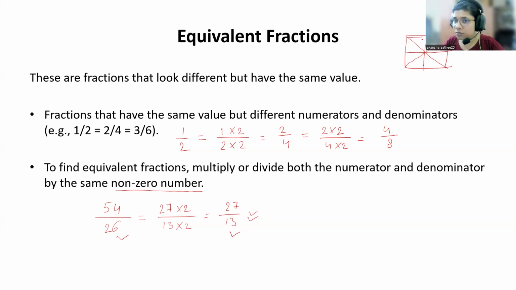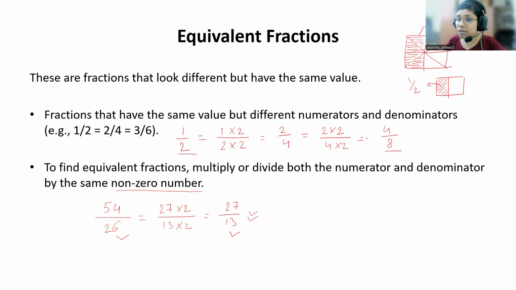So 4 means 1, 2, 3, and 4. Right? This is your 4 by 8. But the same thing I could have done in this way also. Divide your whole thing into 2 parts and take 1 part. Both are the same, no? So this is 1 by 2. So 1 by 2 and 4 by 8 are equivalent. So that is what the equivalence has been shown over here.